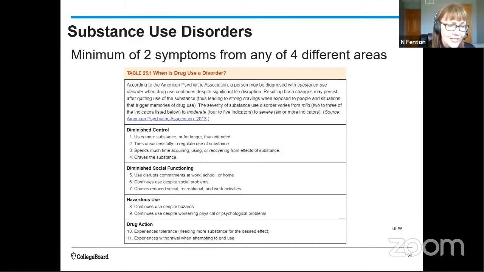And then drug action, or pharmaceutical qualities, would be either tolerance. So the individual has developed a tolerance where they need more and more or stronger doses of the drug in order to experience the same high, or withdrawal. When they attempt to reduce or stop use, they experience physical withdrawal.